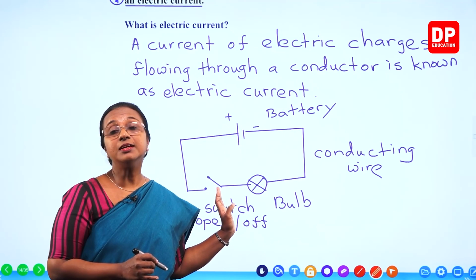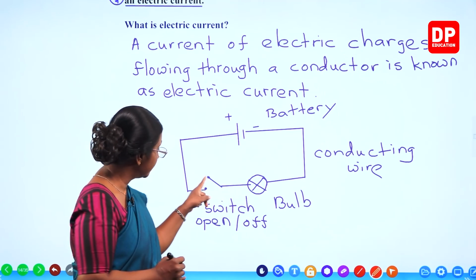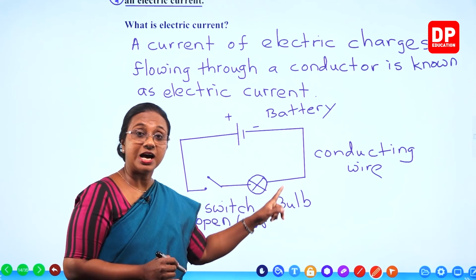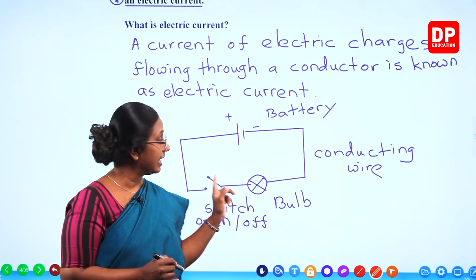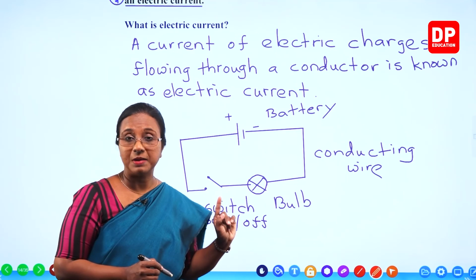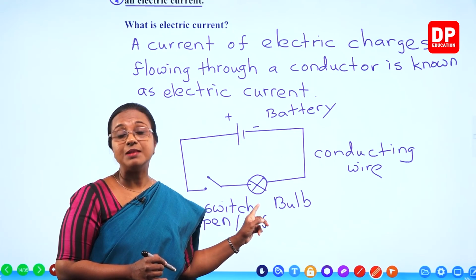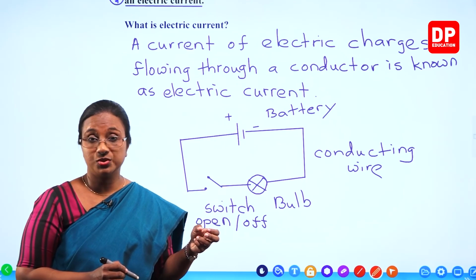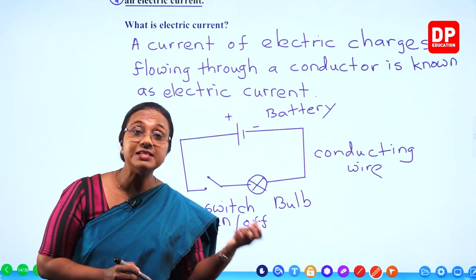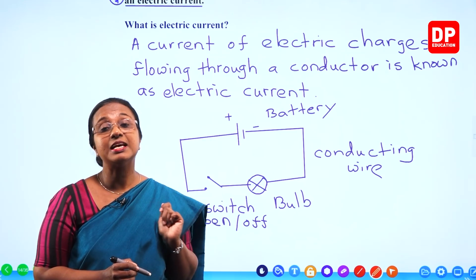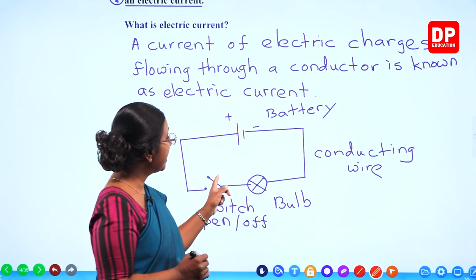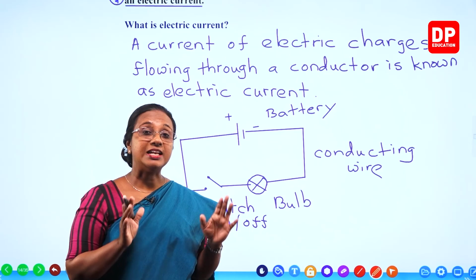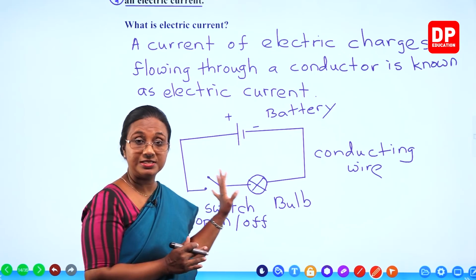But when you connect the circuit, that is, you switch on, then of course the charges will start flowing through the conducting wire and the bulb. So then you will see the bulb light. Here the battery is the power source, the source that provides electricity when the circuit is complete. From there the electric current flows through the circuit and the bulb lights. So that is current electricity flowing through the circuit.